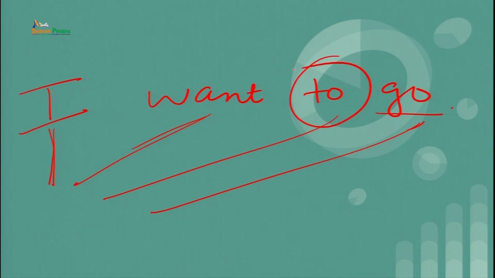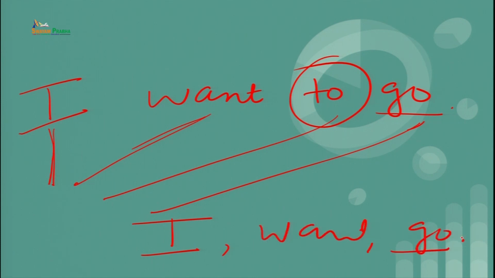But what is the point of putting to over here? What I am trying to tell you here is that you may have I, want and go in separation, but when you put all these words in one frame, or in one sentence, then you will not find connectivity. Why? Because these are content words.